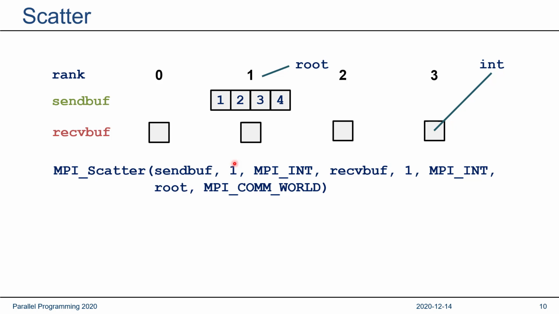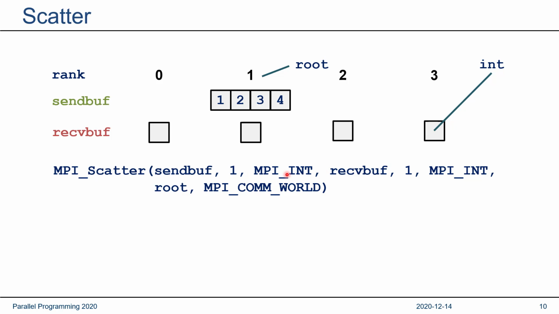The send count is 1. So this is not the length of the whole array, because it's implicitly understood that the length of this array is equal to the chunk size, or the count, which is here specified as 1, times MPI comm size. So here, the length of the subarray to be sent is 1.